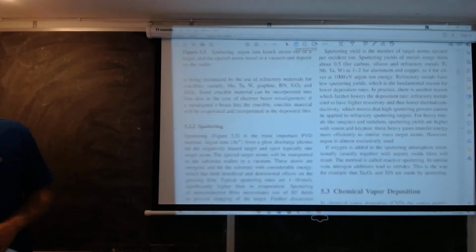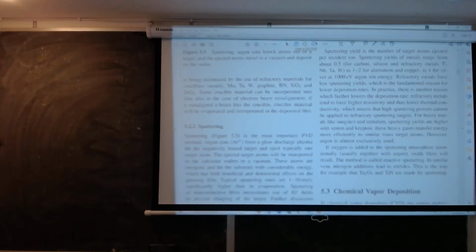And if you notice over here, and I'll try to indicate with the cursor, it leads us into the next subject, because it talks about how if in a sputterer you introduce certain gases into the plasma, for example oxygen, you can, besides the physical action of sputtering the material to be deposited onto the substrate, also cause a chemical reaction to occur at the surface of the substrate.